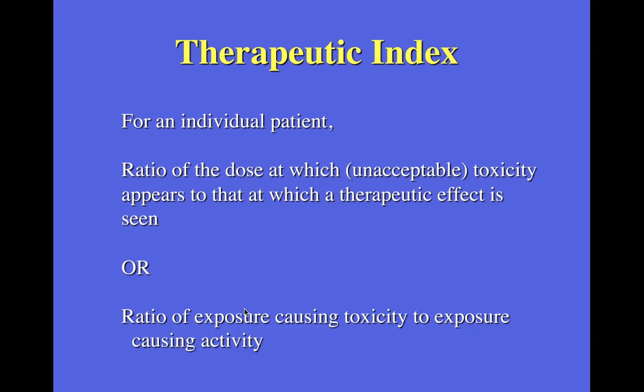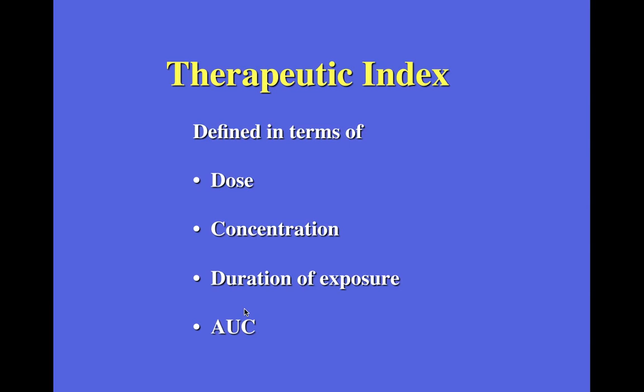Or it could be the ratio of exposure causing that toxicity to the exposure causing a particular activity. You can define it in lots of ways. You can define it in terms of dose or concentration or duration, but the commodity that we tend to deal in most is this thing called the AUC, the area under the concentration time curve, which is something which acts as a surrogate endpoint for quite a lot of pharmacokinetic studies.